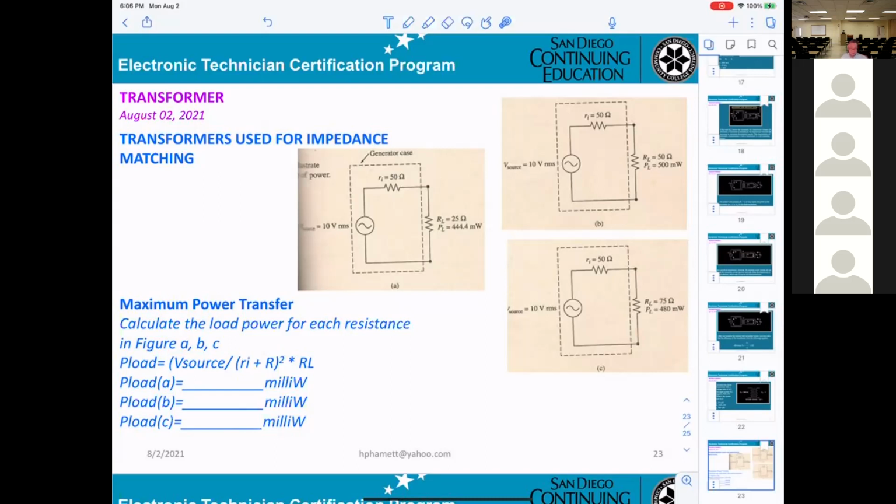The first one, how many milliwatts? Get A right here.